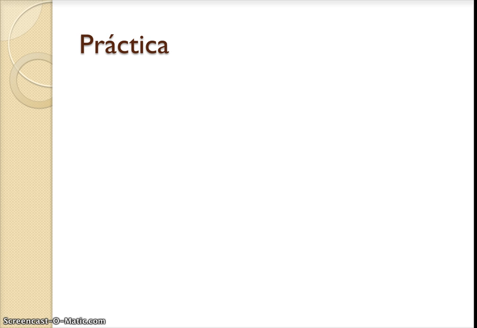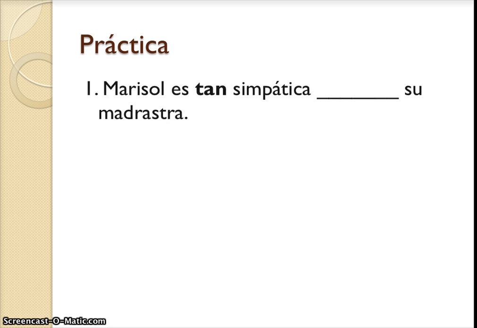Ahora, práctica. Marisol es tan simpática, blank, su madrastra. What is going to go in the blank? We know that there is an adjective. Okay, simpática, that is our adjective.